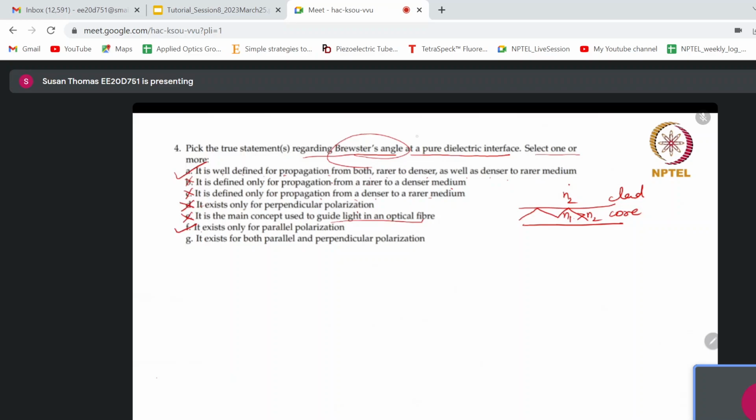So that is not a true statement regarding Brewster's angle. Coming to the last statement, it exists for both parallel and perpendicular polarization. That's not true because we already said it exists only for parallel polarization.